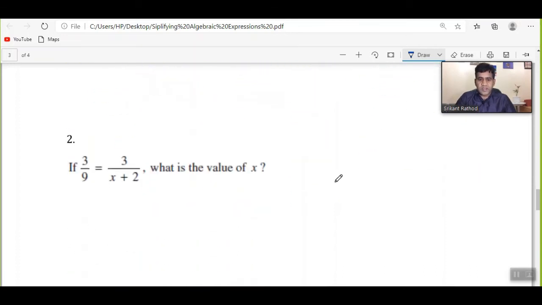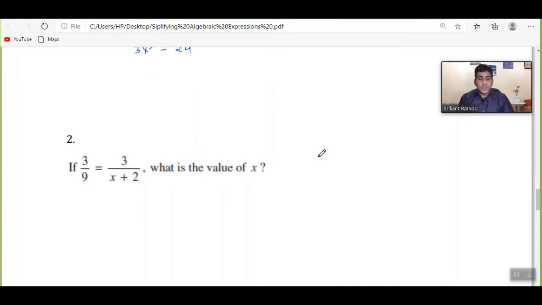Okay, let's consider another example. If 9 by 3 is equal to 3 by (x plus 2), what is the value of x? While simplifying this kind of expression, just do the cross multiplication first, because this expression is given in terms of a fraction. So just do the cross multiplication and this equation becomes 3 times (x plus 2) is equal to 3 times 9, right?